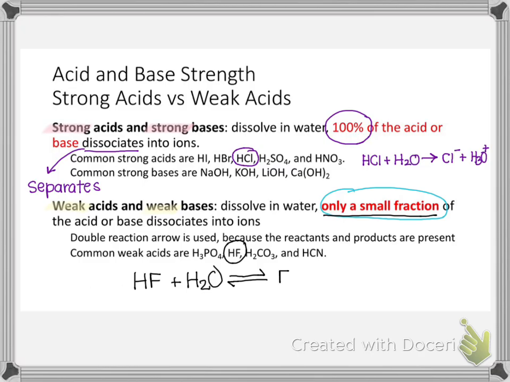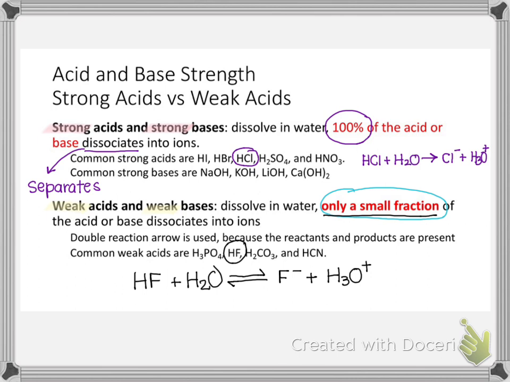So we would get products still, but only a small amount of the products. And so they use the back and forth arrows instead of a straightforward arrow, telling us that there's only a small amount of ions and a lot of it remains as reactant.